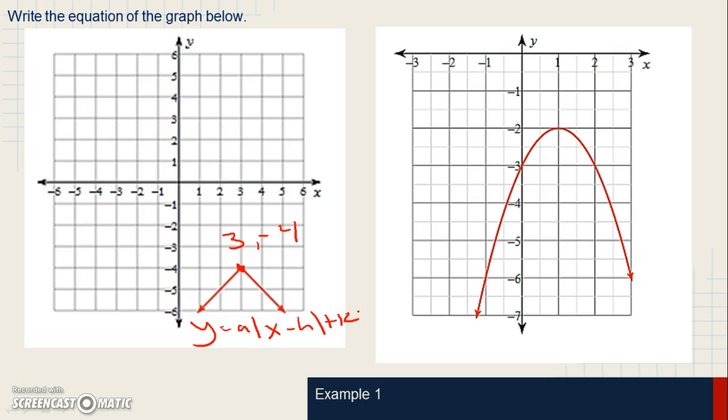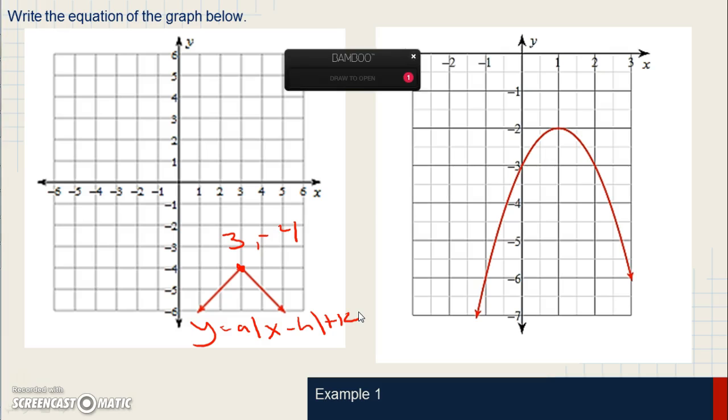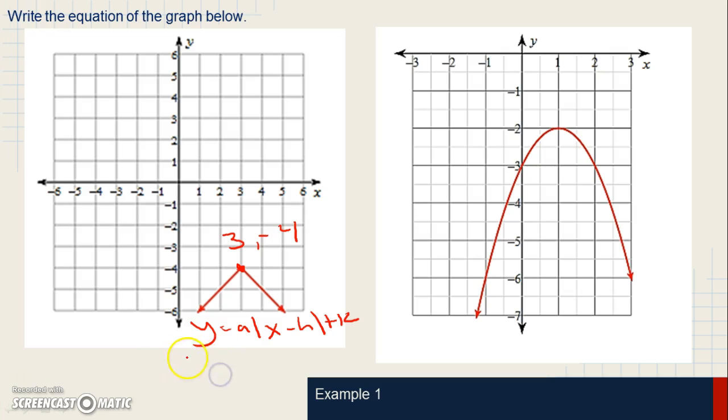And then we went ahead and we filled in what we knew, and we said that this was y equals, it's opening down so it's negative, absolute value of x minus h, our h was 3, plus k, our k was -4.